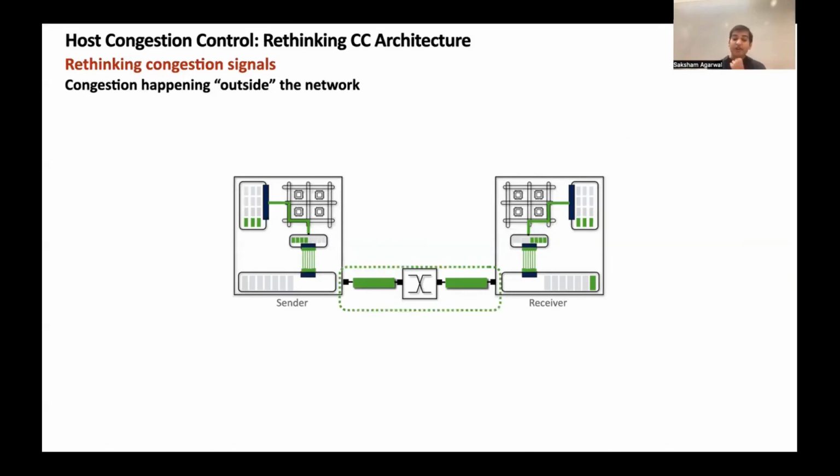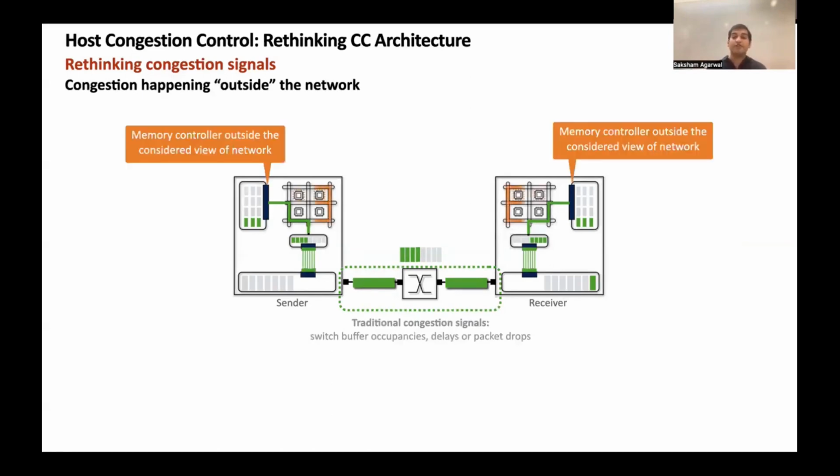Commodity NICs today do not even provide visibility into the queue occupancy at the NIC buffers. And traditionally, congestion signals such as switch buffer occupancies, queuing delays, or packet drops have usually sufficed to capture the time, location, and reason for network fabric congestion. Host congestion, however, is a result of queuing at resources like the memory controller, which is typically considered outside of the network by existing CC protocols.